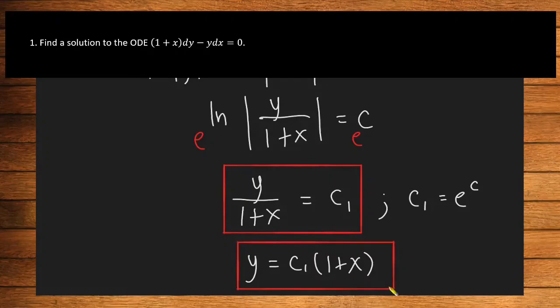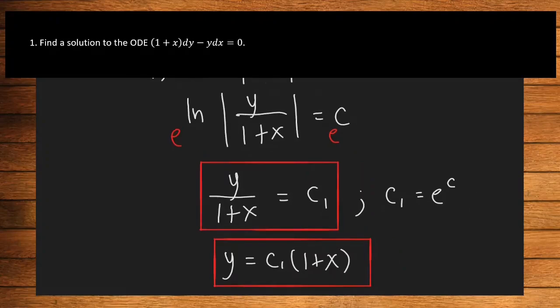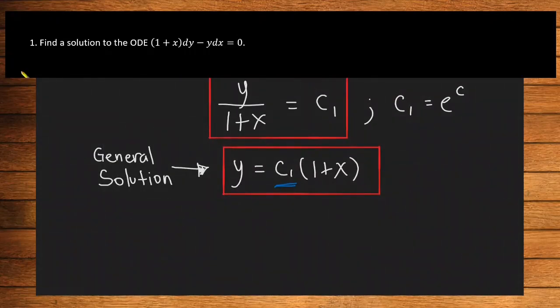So the solution obtained in this problem contains the arbitrary constant c. This solution is called a general solution. Okay? Pag merong arbitrary constant, general solution yung tawag natin dun. So the opposite of this is what we call the particular solution.